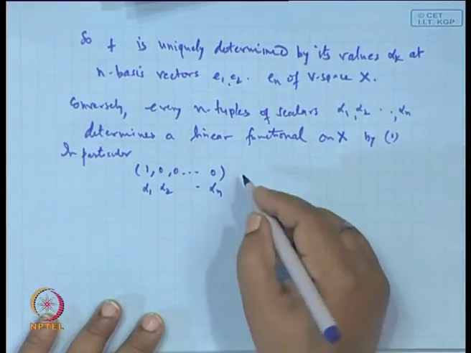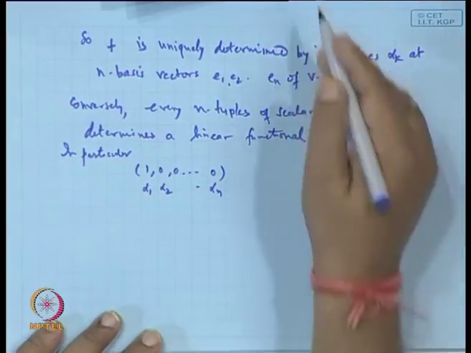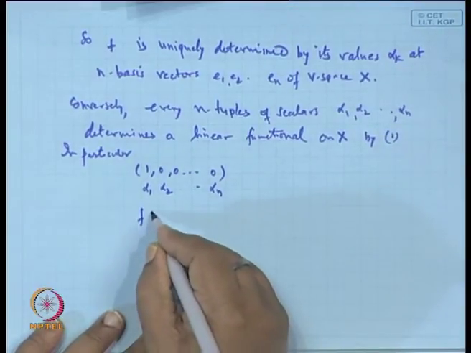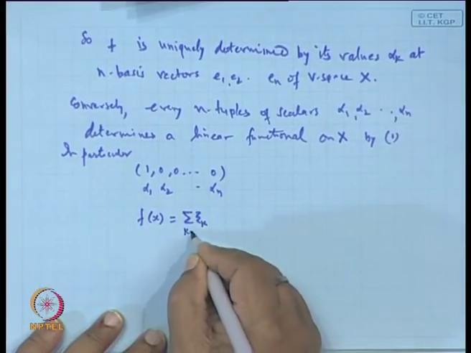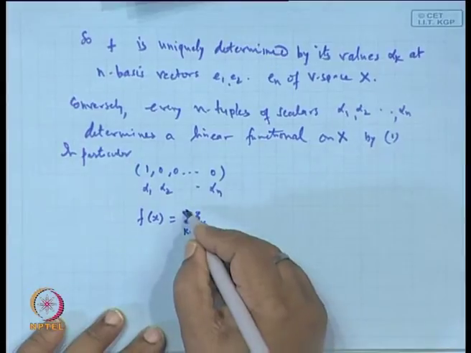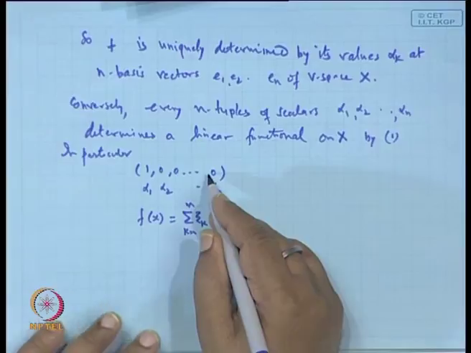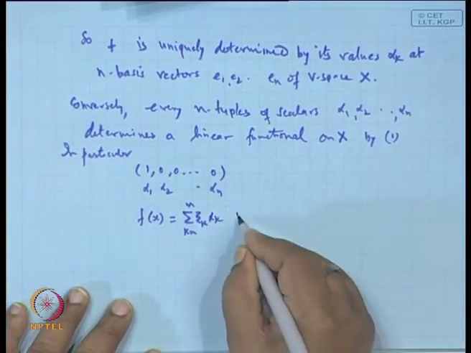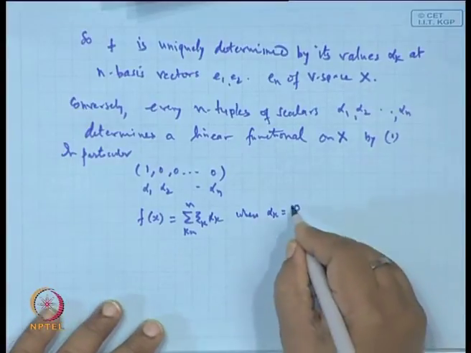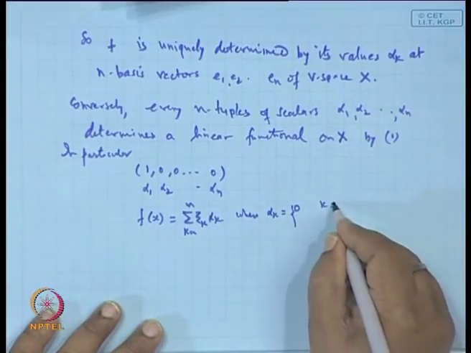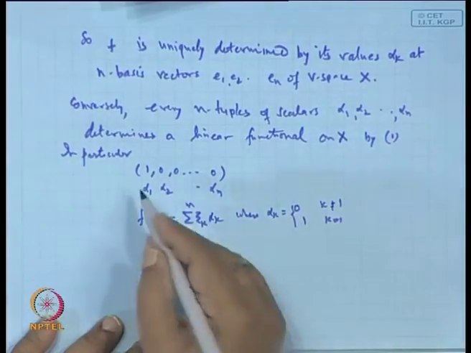If we take these scalars, what will be our f of x? f of x becomes sigma xi k, k equal to 1 to n, alpha k, where alpha k is 0 when k is not equal to 1, and 1 when k is equal to 1 in this case.